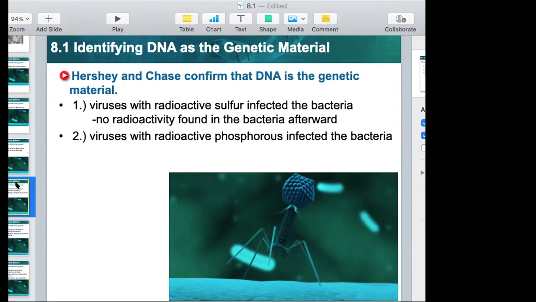Phosphorus is only found in DNA, and they made that radioactive. And now they looked for radioactive phosphorus in the bacteria, and they found it. And so this confirmed once and for all that DNA is what's being transferred to the bacteria and not protein.